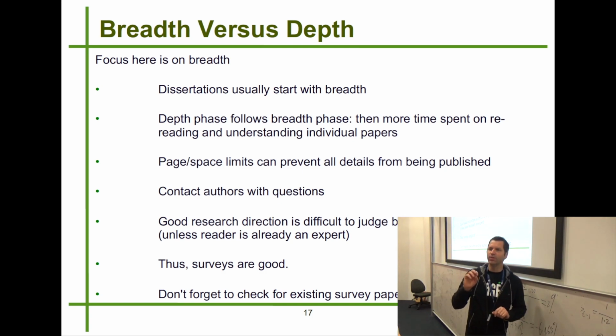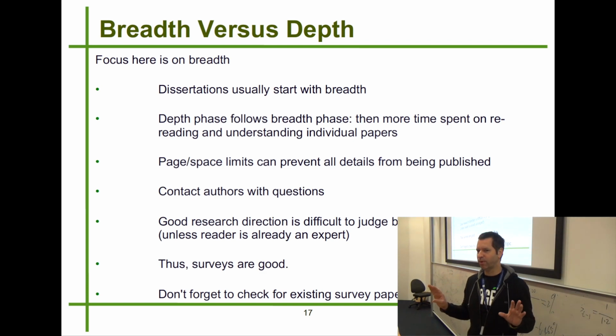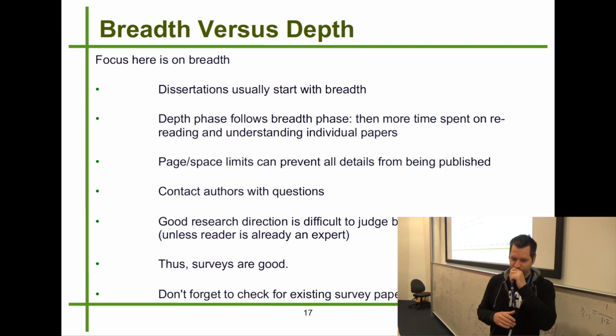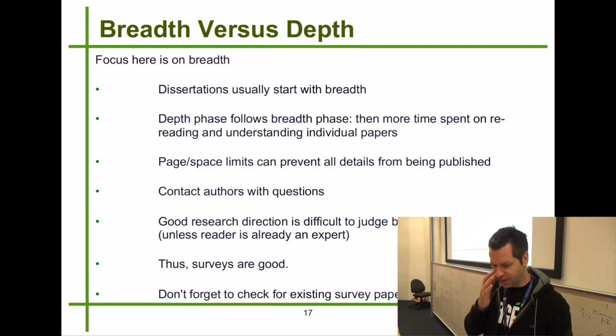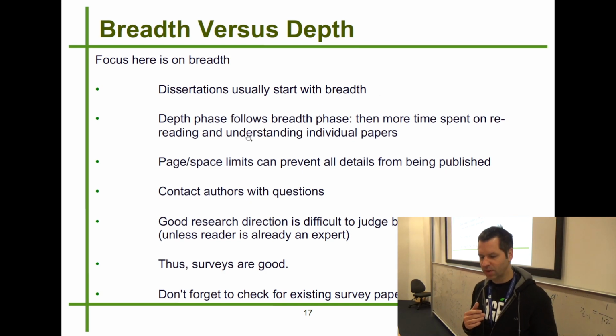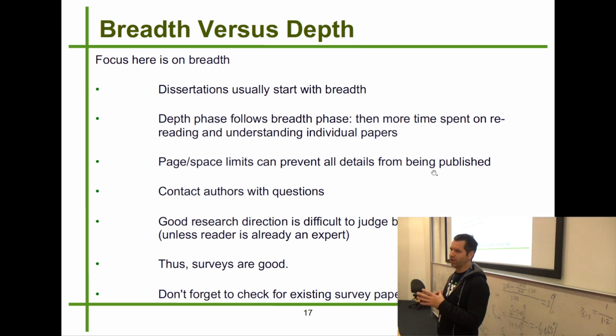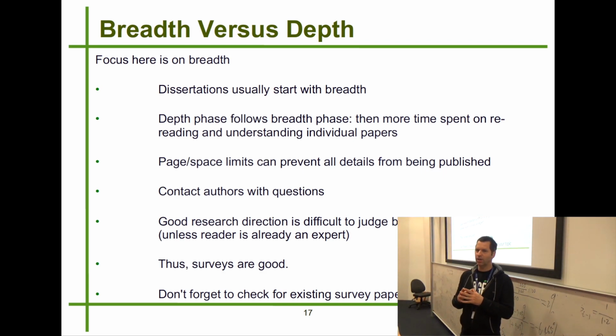But don't kill yourself trying to understand the implementation of any paper. Like, don't bother. And I could have a separate lecture just on that, actually. But for example, the page and space limits of a paper can prevent all the details from being published, right?